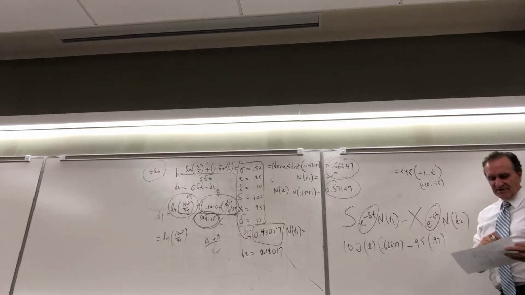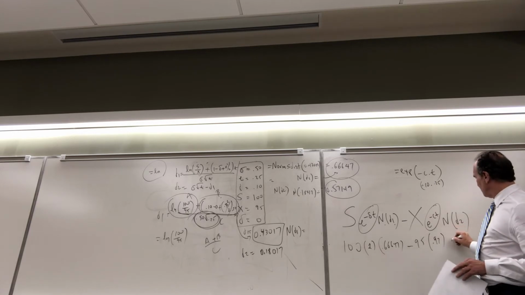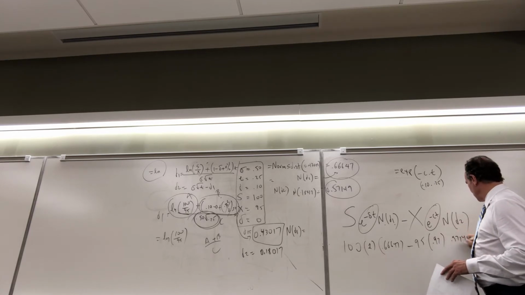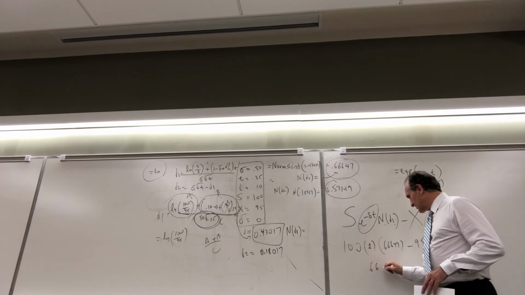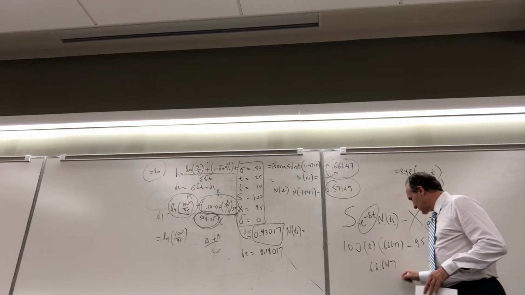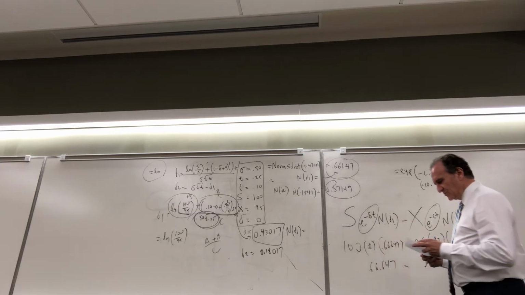I don't know. I don't have it here, but the calculator will do it. And N(D2) is 0.57149. So 0.66647 times 100, $66.64, minus this whole thing will give you like a 52 something.